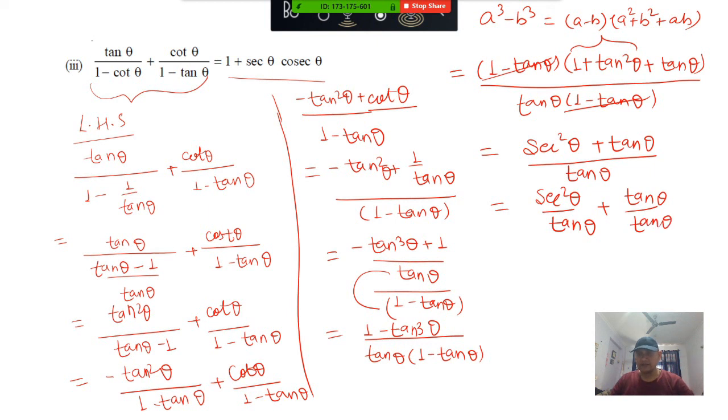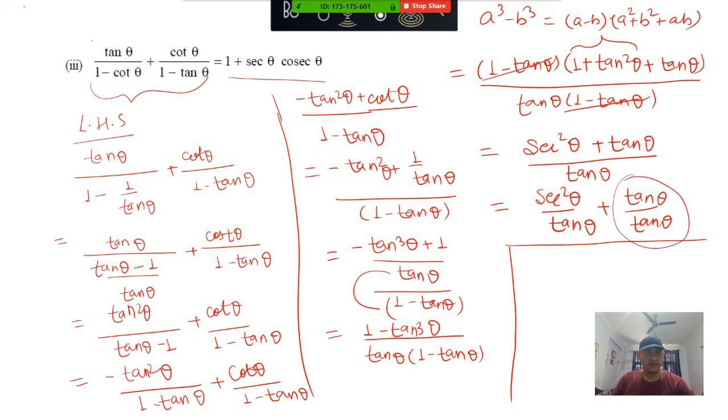We write it like this, tan theta in the bottom of this one and tan theta in the bottom of this one. Now I don't have the space here, because below that my video will be coming on the screen. So let me write it here. The first term, tan theta upon tan theta, becomes 1, right?